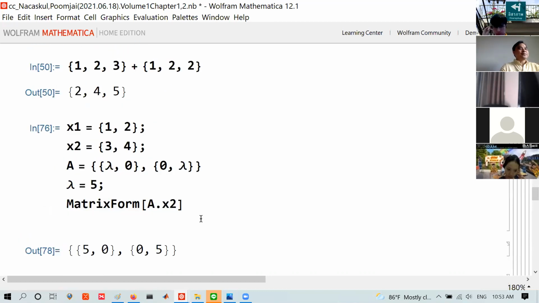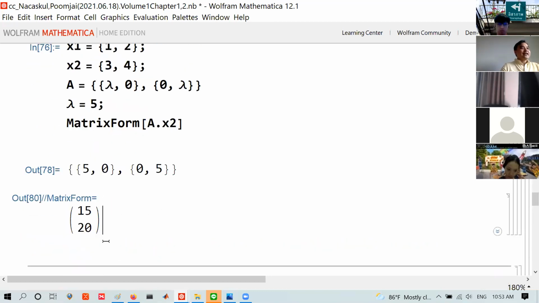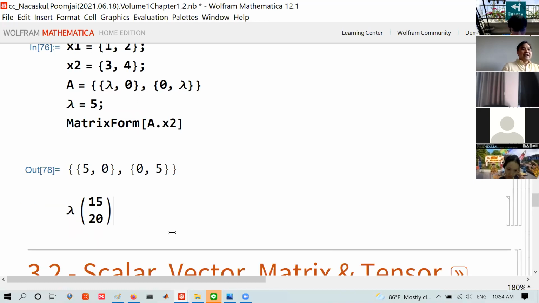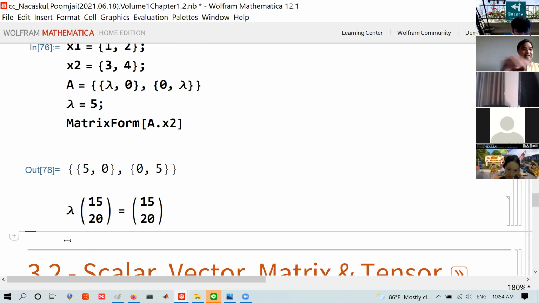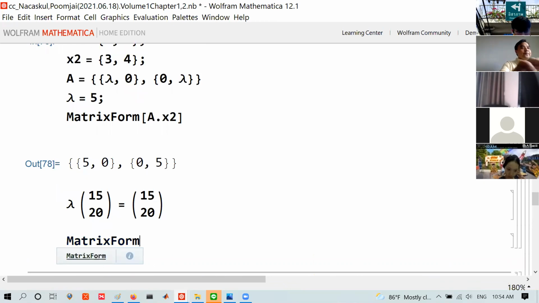In other words, this times lambda is the same thing as this times this. Now, let me write what it looks like in matrix form.